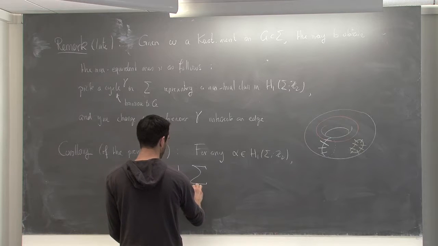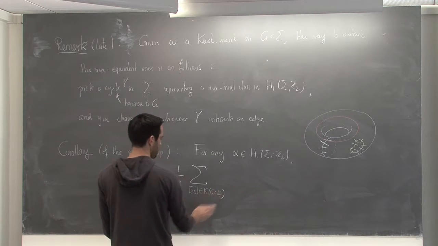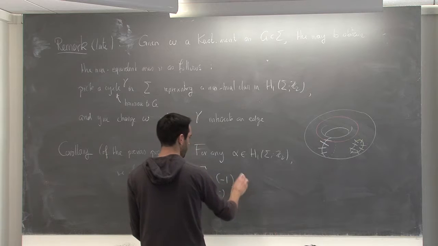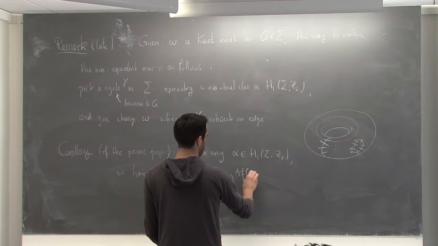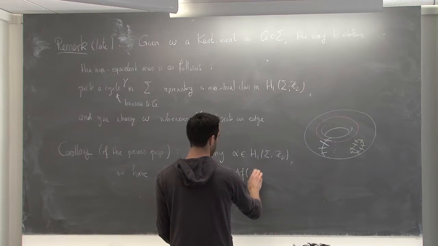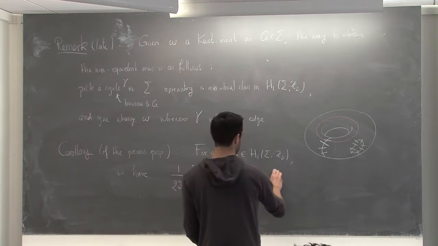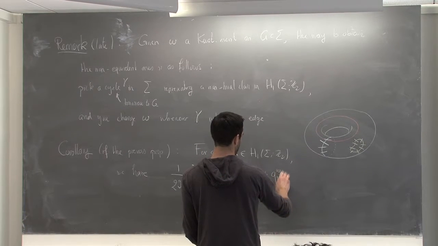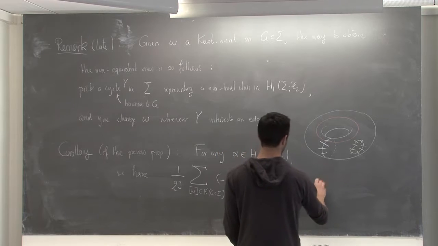If I sum over all equivalence classes of Castellan orientations, and I take the Arf invariant of Q omega m plus Q omega m of alpha, I always get 1.